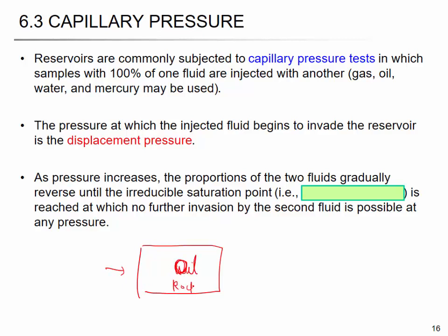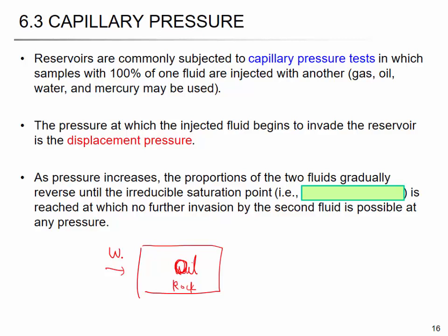You're injecting water, and you have to increase to a certain pressure to start producing the oil. That's the displacement pressure, the minimum pressure required to produce a drop of oil.